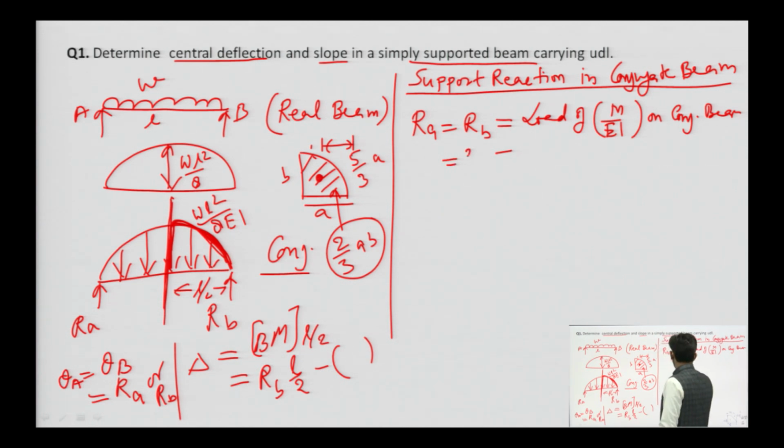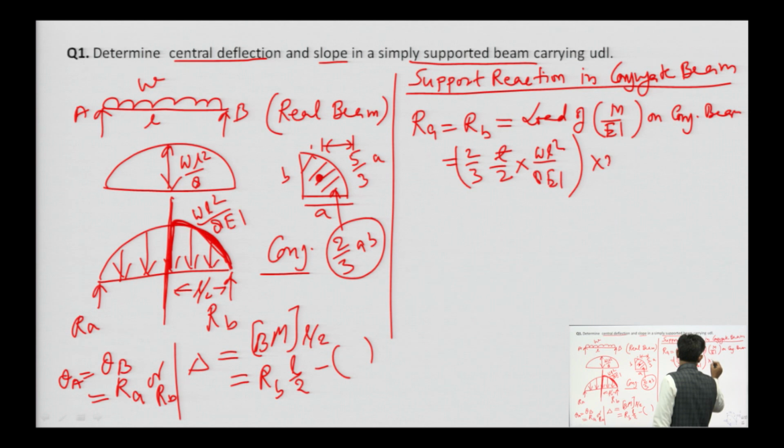It will be 2 by 3, this one area, 2 by 3 into A, A is L by 2, into this one, L by 2, this one ordinate WL square by 8 EI, times 2. So it is how much? After cancelling, 24, WL cube by 24 EI.